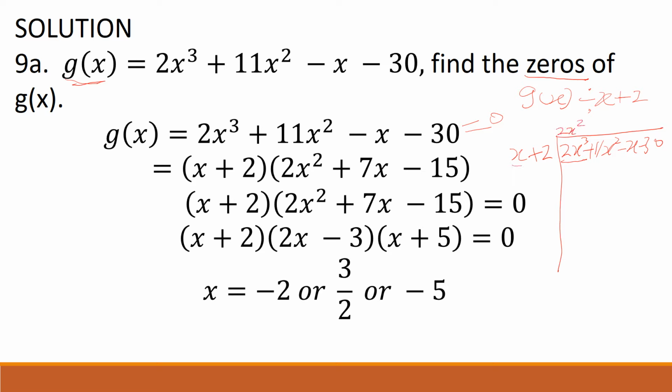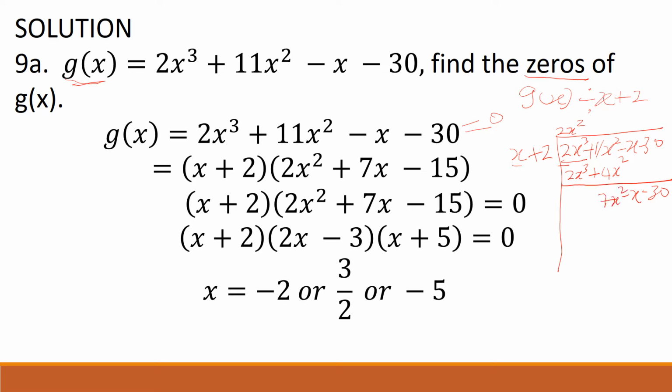I'll multiply 2x squared by the factor, and that gives us 2x cubed plus 4x squared. If I subtract, I'll have minus 30 and minus x because they have no like terms. Then 11x squared minus 4x squared will give us plus 7x squared.